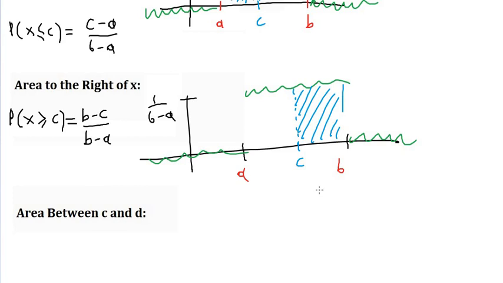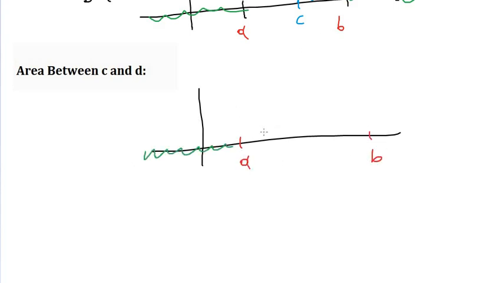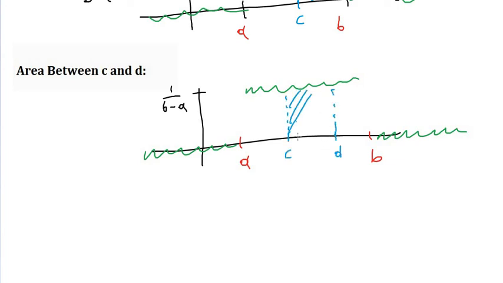If we were looking for the area between some interval, like we have lower boundary a, upper boundary b, our PDF is 0 up to here, our height is 1 over b minus a, and after b it's going to be 0. Let's say we're looking for the probability that t is between c and d.